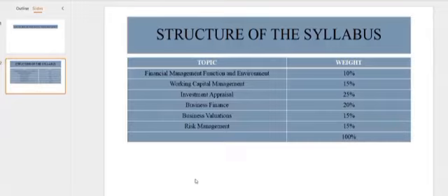And also there is a need for us to understand corporate goals. So students need to learn about maximizing shareholders' wealth, profits, and stakeholders' interest. This is one aspect of the syllabus that we need to have a good grasp of.